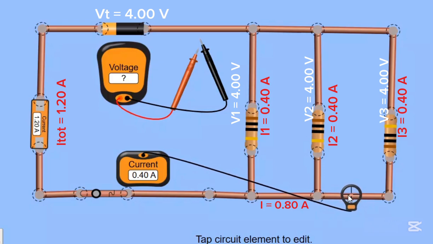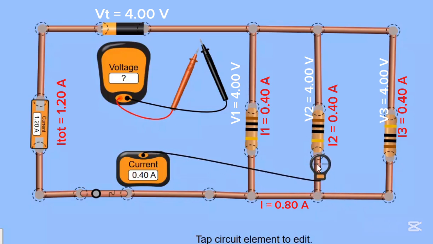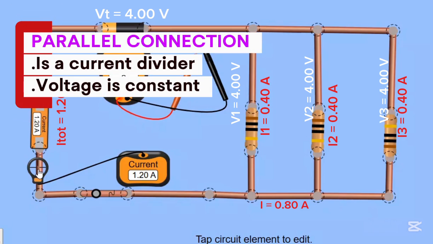Now when you combine 0,4 plus 0,4 plus this 0,4 here, you get the total, which is 1,20. So in this case the current here is split, or you can say the current is divided, but the voltage remains the same.